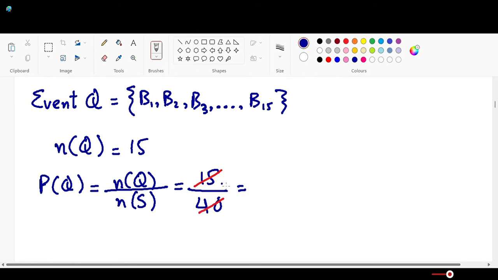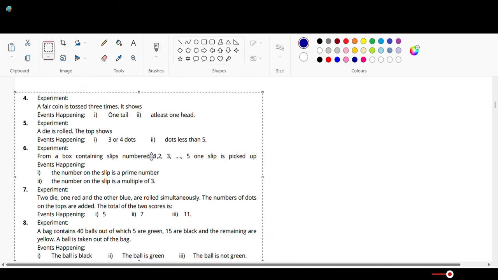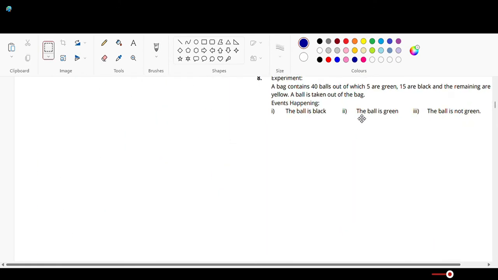So 5 3s are 15 and 5 8s are 40. So we have a 3/8 probability that the ball is going to be black. So that's one scenario, one event.